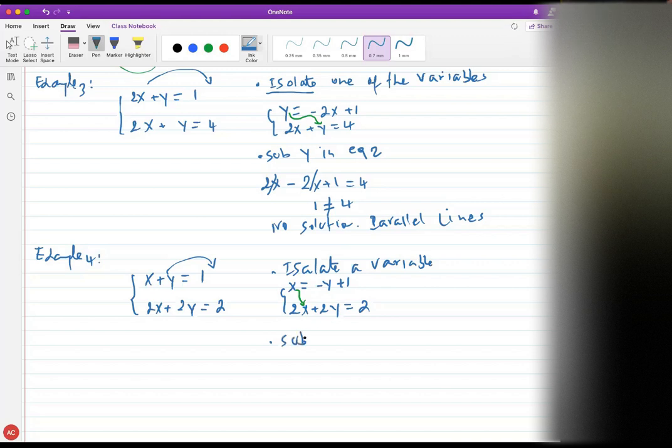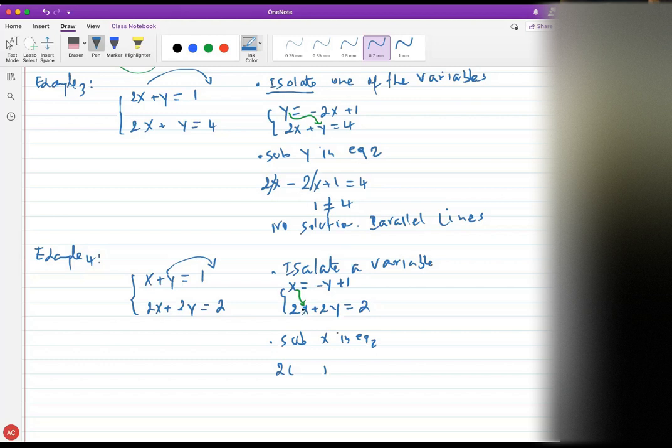Okay, so sub x in equation 2. Okay, so it'll be 2 times, 2 times what? 2 times x. But we want to substitute. We don't want the x. We want to remove it. So what do we put instead of the x?